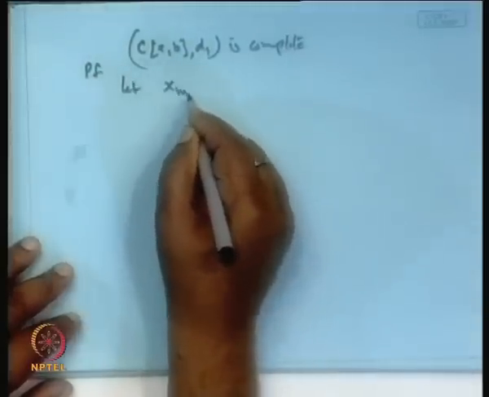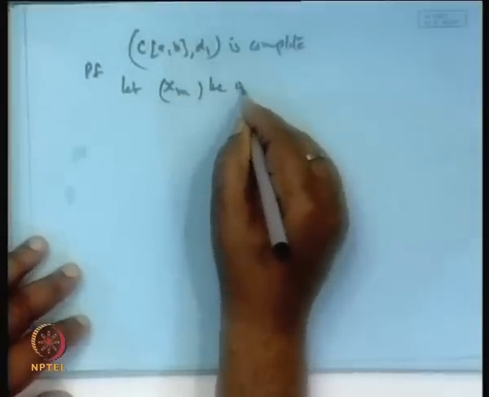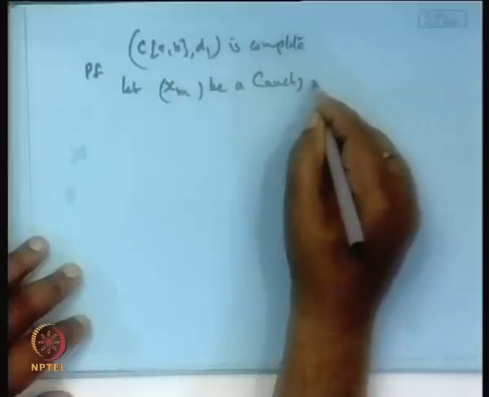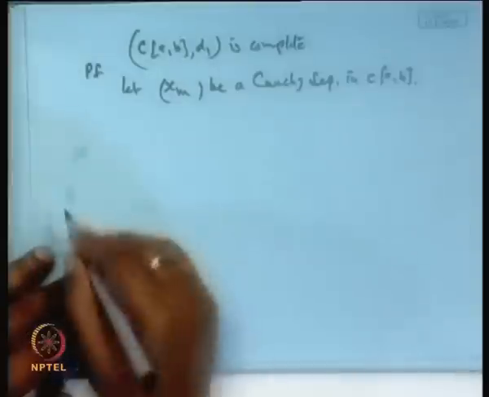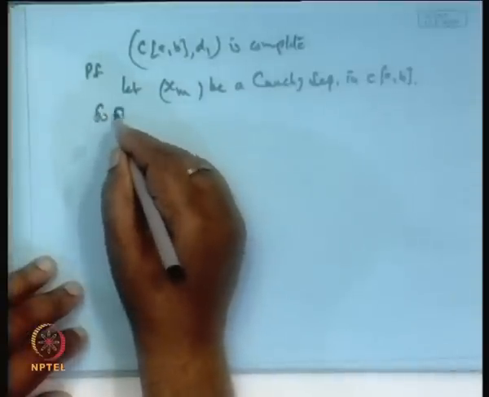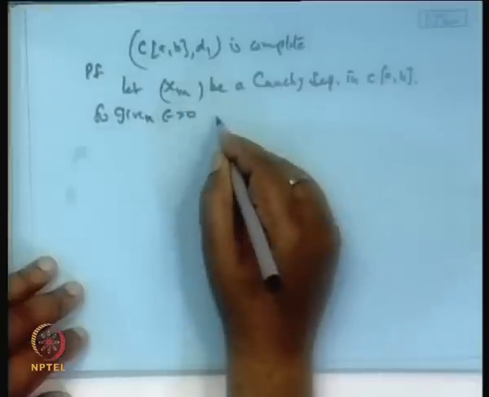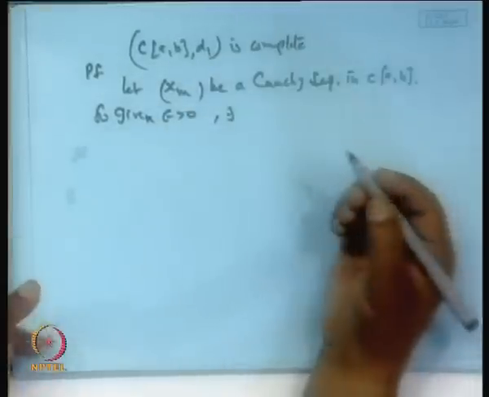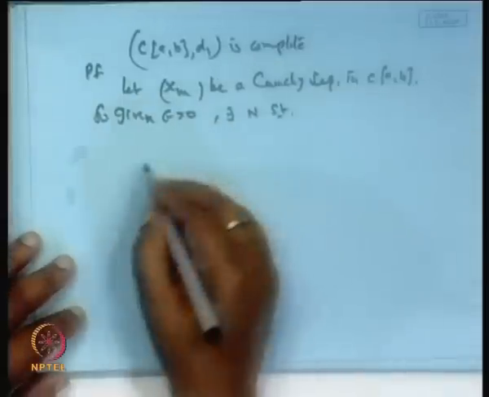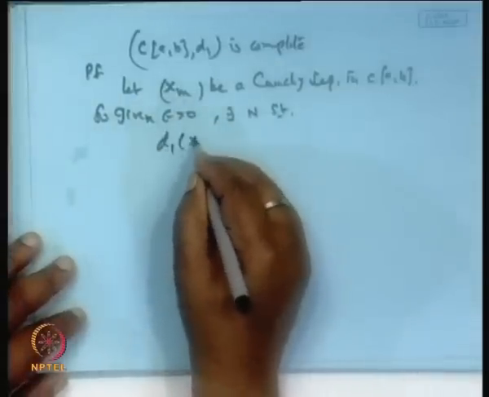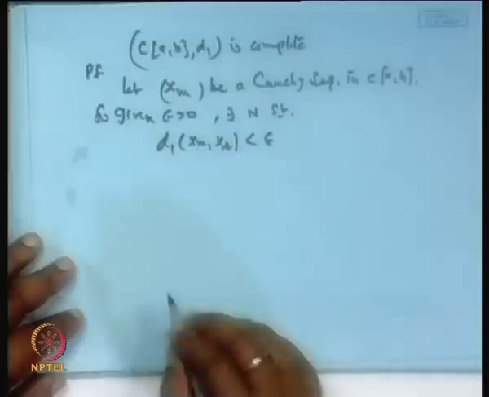Let x_m be a Cauchy sequence in C[a,b]. So, by definition, for given epsilon, there exists n such that D1(x_m, x_r) is less than epsilon.